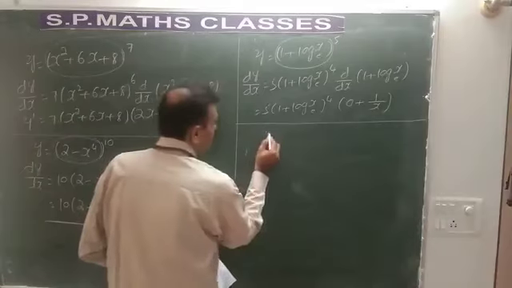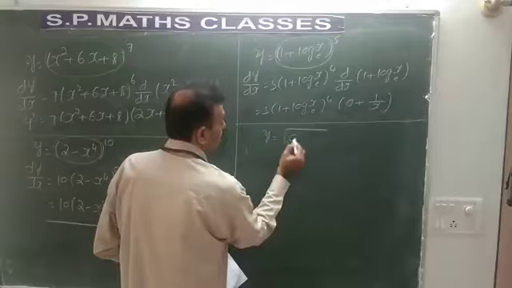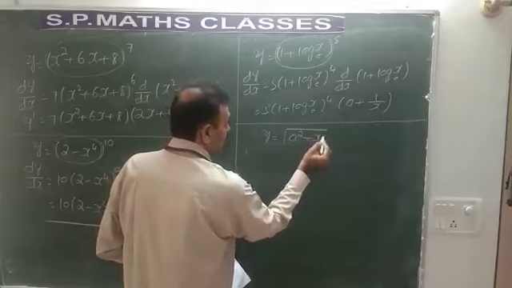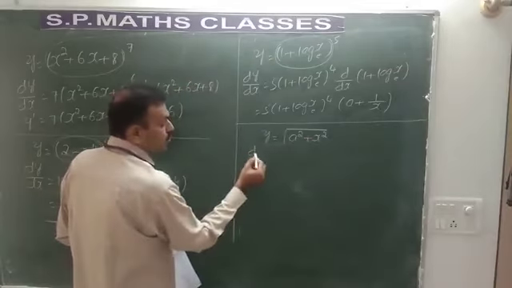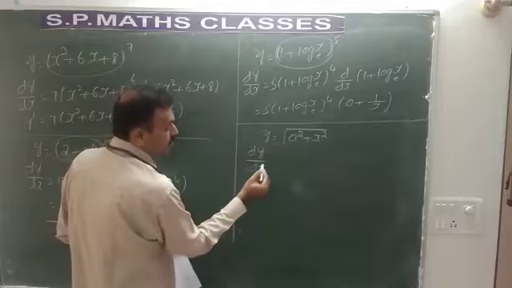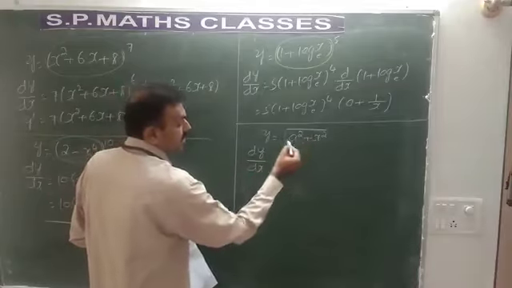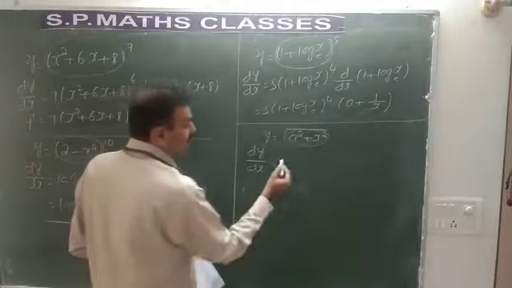Let us take y is equal to root of a squared plus x squared. We need to find dy by dx. For this, consider this as x.